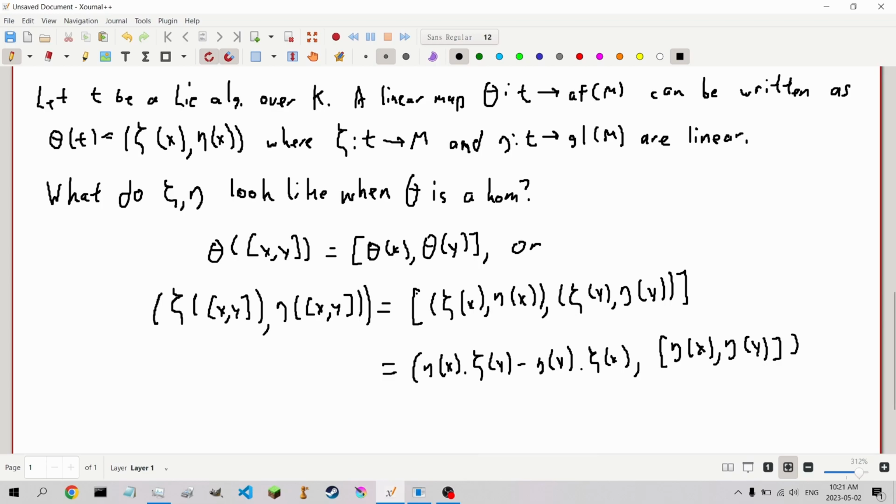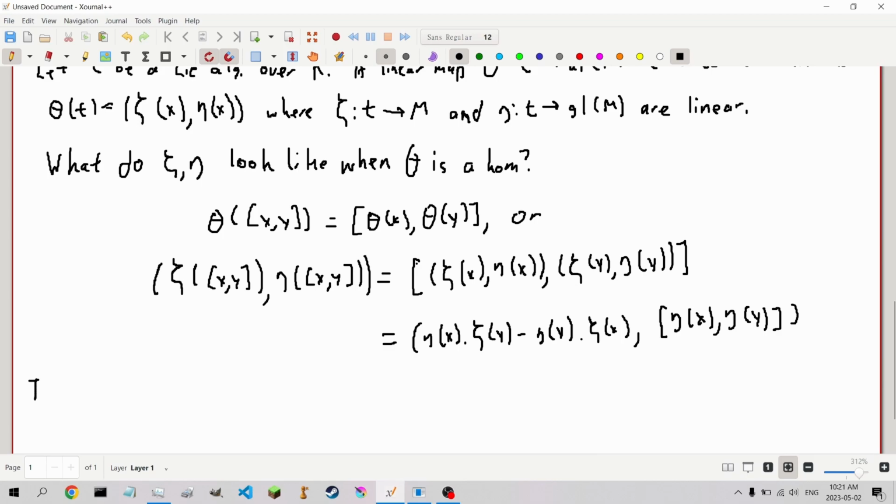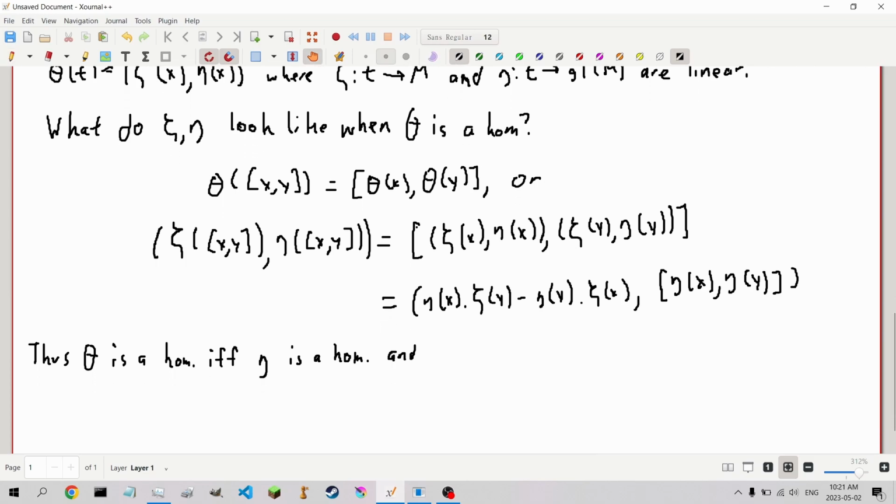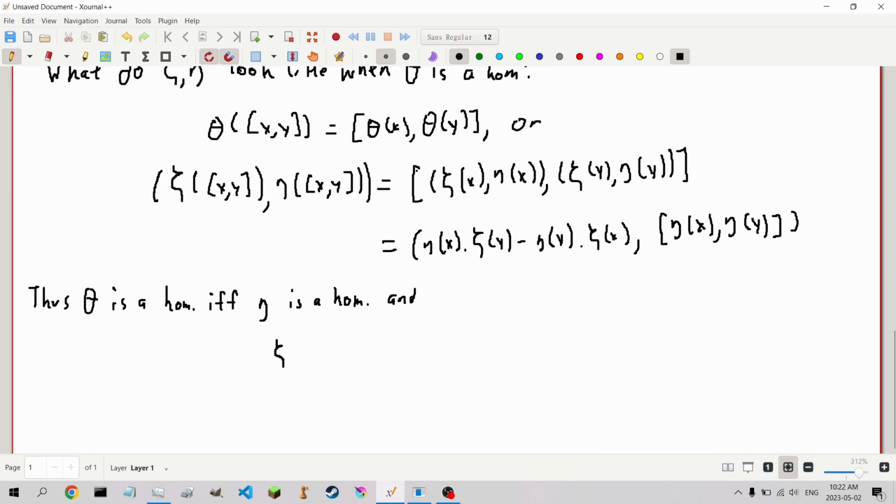Okay. You can see from this that it is a homomorphism if and only if the term on the right into the general linear group space, not group, the algebra, is itself a homomorphism, and that the element on the left interacts with the Lie bracket as such, which is just going to be the first term, right?